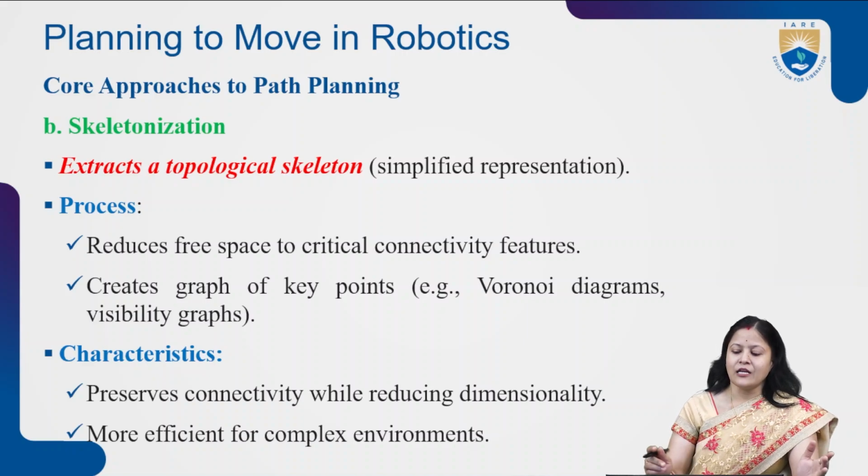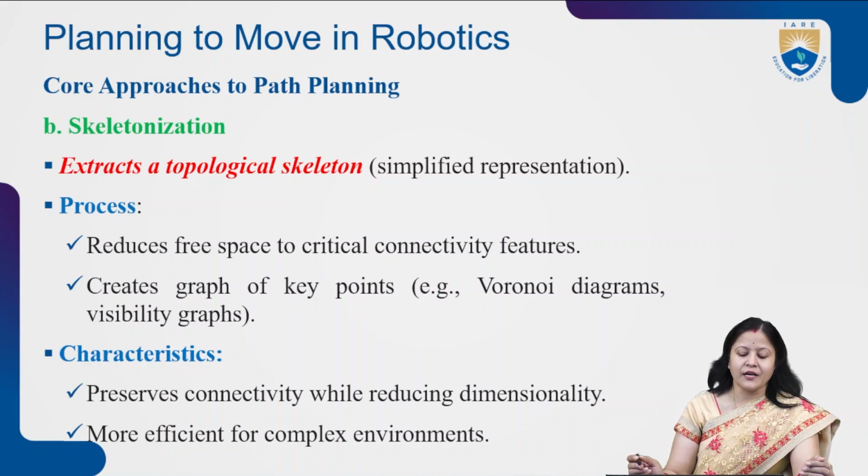As I told, in cell decomposition only the free space is connected by the robot to find the complete path. Whereas after connecting the free spaces to find the path, the complete path is represented in the form of a graph, either a Voronoi diagram or visibility graphs. That is why the name is called skeletonization.